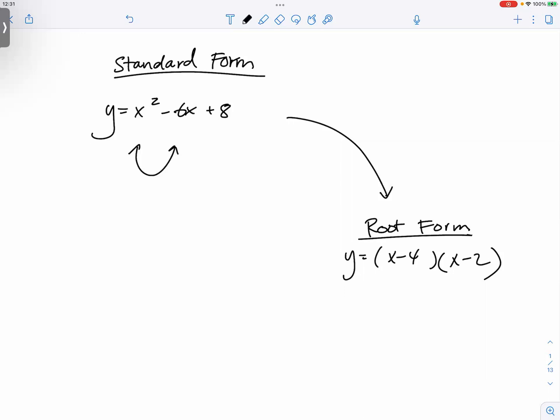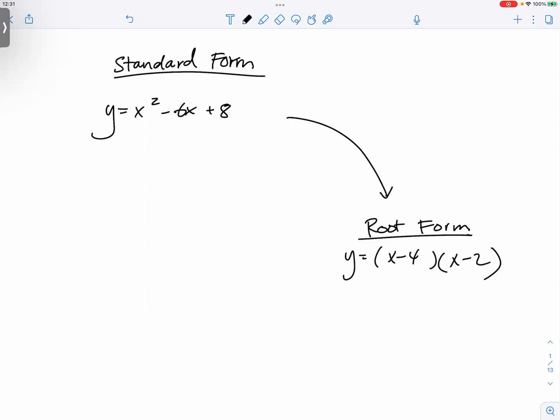That's very easy to extract. So that's a huge thing. If you see a standard form and you don't start playing with it to think about whether it could be factored, this is a work habit that you need to adopt, okay? So that's the root form.